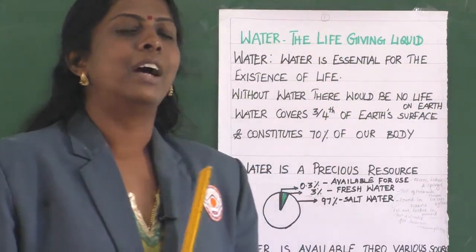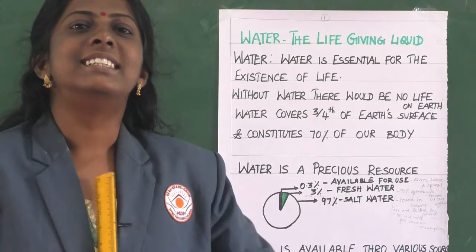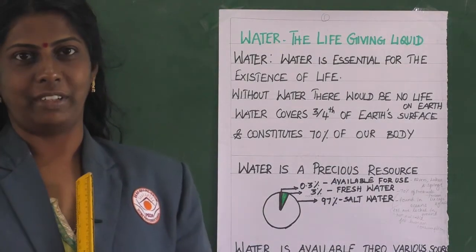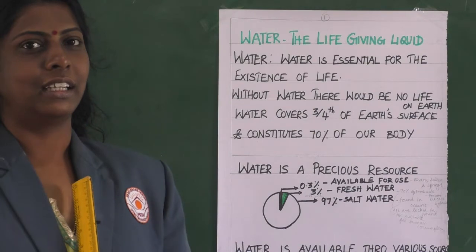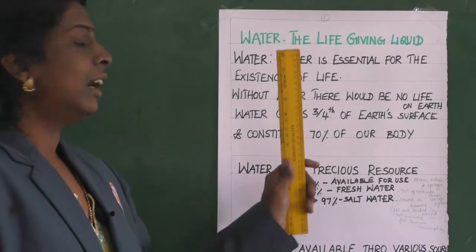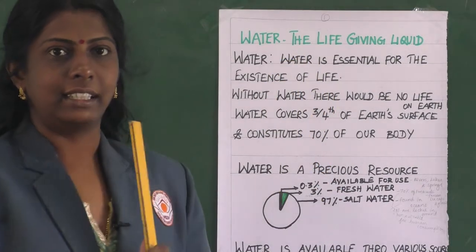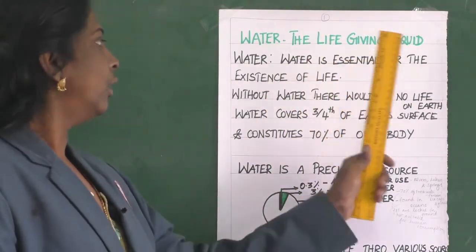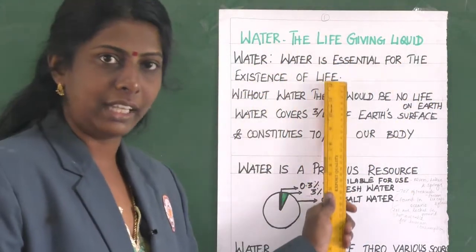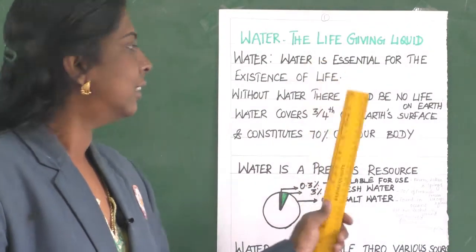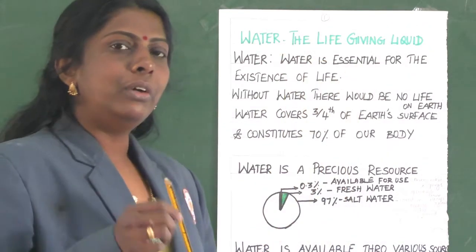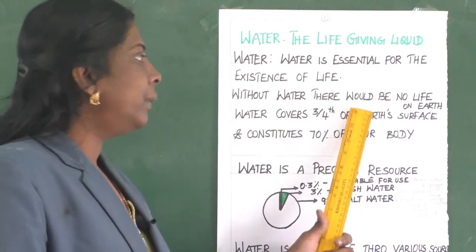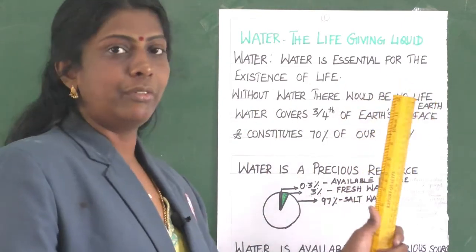As you all know, water is a universal solvent. It is one of our essential needs. Water is essential for the existence of life. Without water, there would be no life on earth.